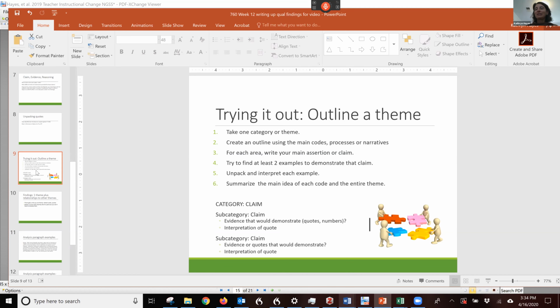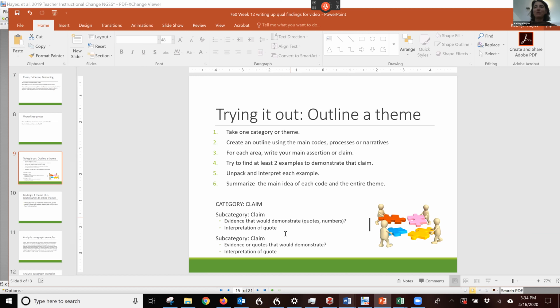Take some of your graphic organizer, take one category, one theme, create an outline using the main codes or processes or narratives, write your main claim for each of the codes, and then find a couple of examples to demonstrate that claim. Hopefully those are already in your graphic organizer. Then you unpack and interpret each example, and then you summarize the main idea of each code and the entire theme, just like that. Your memos should help you with that.